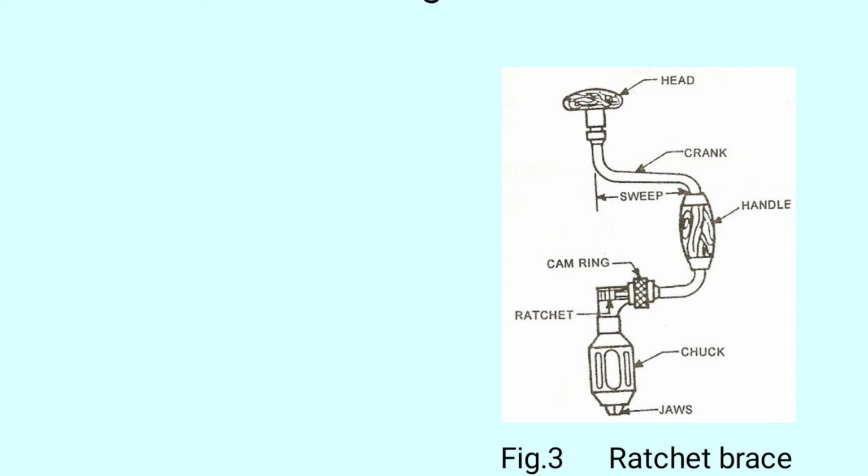From the bottom: jaws, chuck, ratchet, cam ring, handle, crank, and head. There is another part called the sweep, just below the crank.